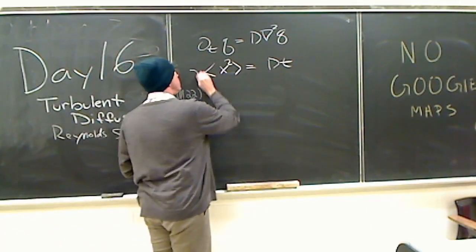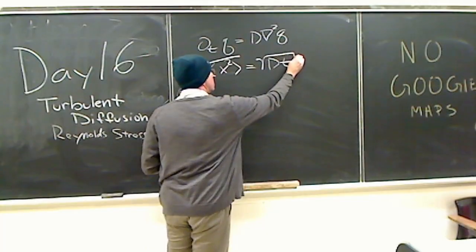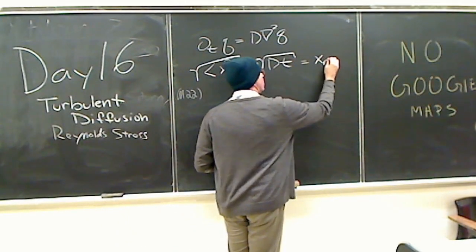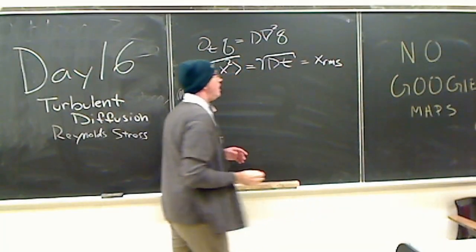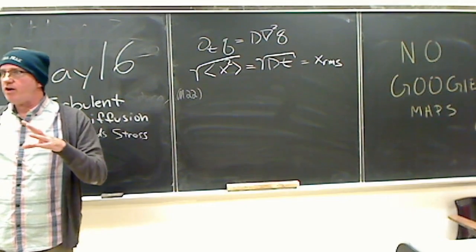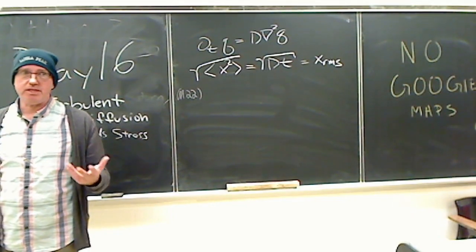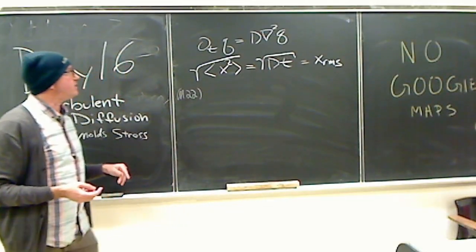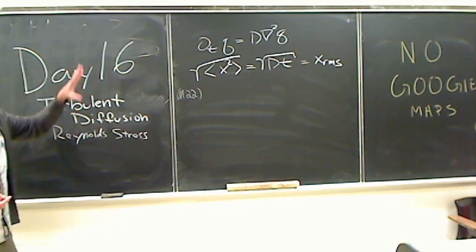Or the RMS position, x RMS, goes like the square root of t. So how far away from the origin you expect to be after a time t goes like the square root of t if it's a diffusive process. This is at the molecular level.